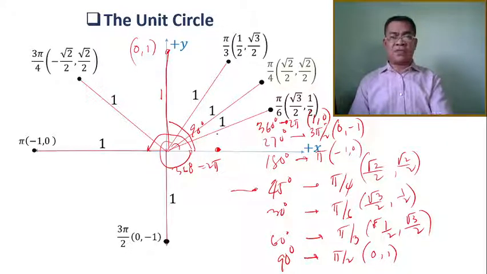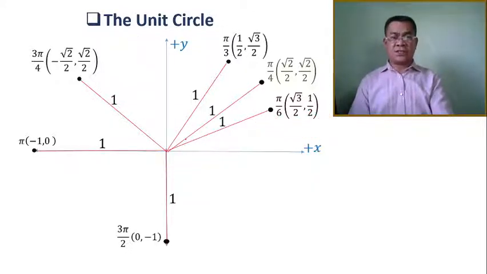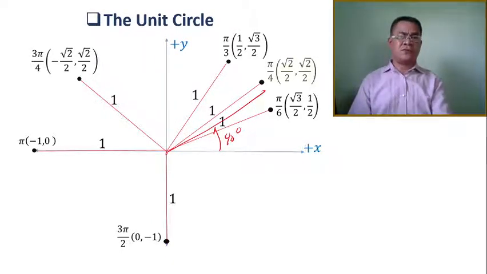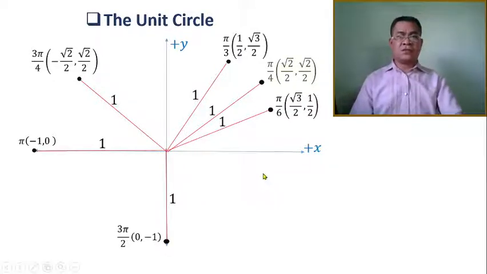If the angle is 40 degrees, then we cannot assign this as 1 unit because 40 degrees is not a special angle. So we can only provide the exact value for the enumerated special angles.